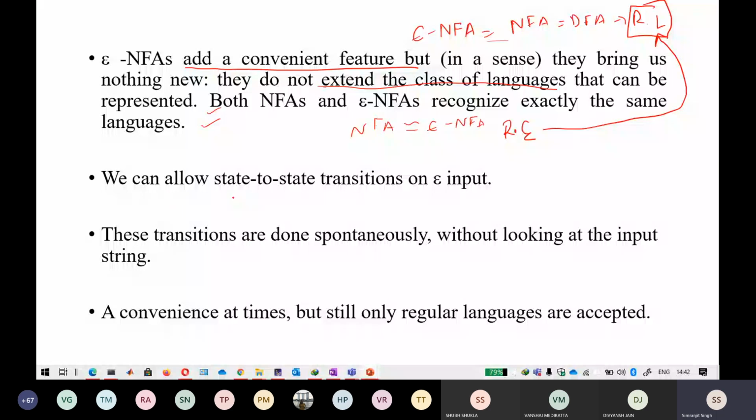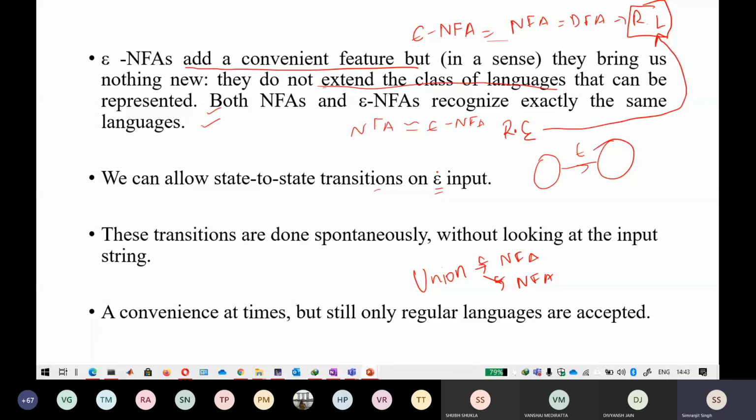It just says that you can allow state to state transition by using epsilon here. The good feature of epsilon, if you remember, is union. You can union two different NFAs and just write epsilon here. That is a good property of epsilon that we can use.